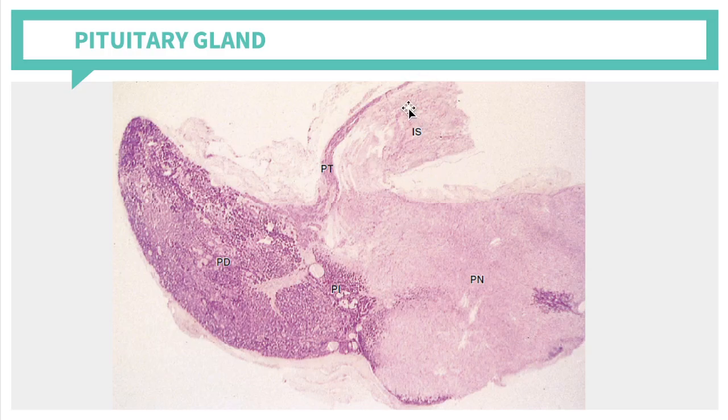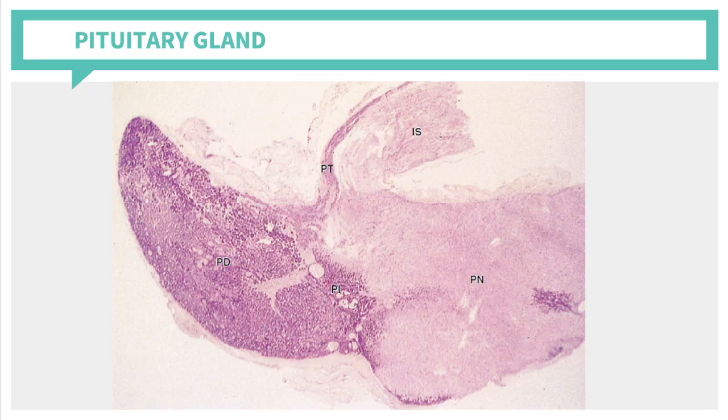Again, your infundibular stalk here and your pars nervosa resemble CNS tissue, while your pars distalis, this portion here, pars intermedia, and pars tuberalis are typically glandular in their staining. That's how you differentiate the two.